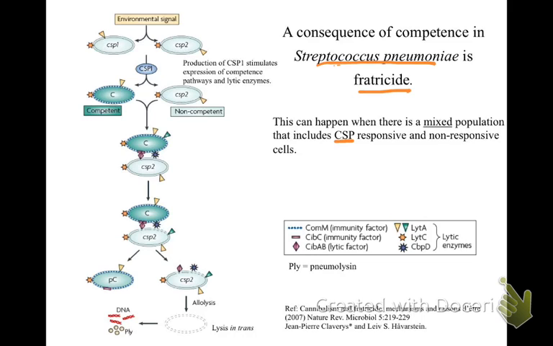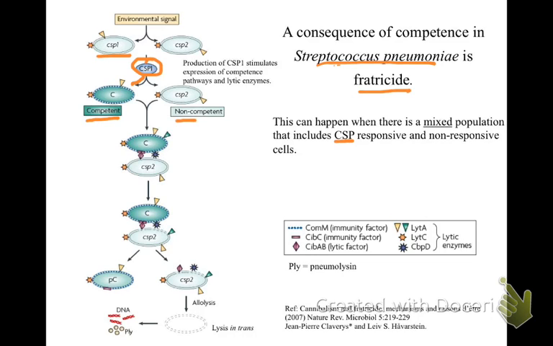Now what happens is, in this case, this particular cell that has the gene for CSP1 will start to make CSP1. That will induce all the cells that carry that CSP1 system to become competent so they can take up DNA. But it has an opposite effect on the cells that do not carry that CSP1 gene.